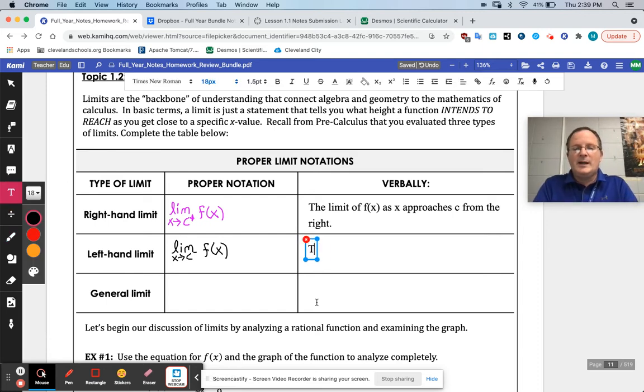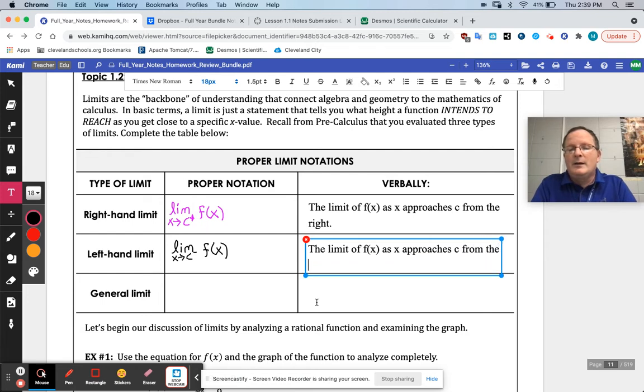So here's how you read it. The limit of f of x as x approaches C, whatever value that'll be, they'll tell you a number in most cases, from the left. So coming from the right, from the left, we need to think of that as traveling.